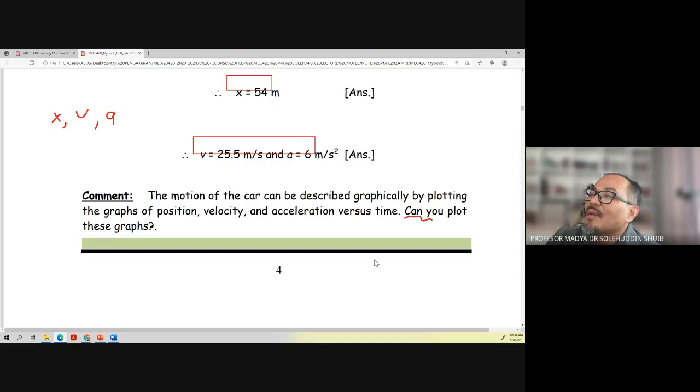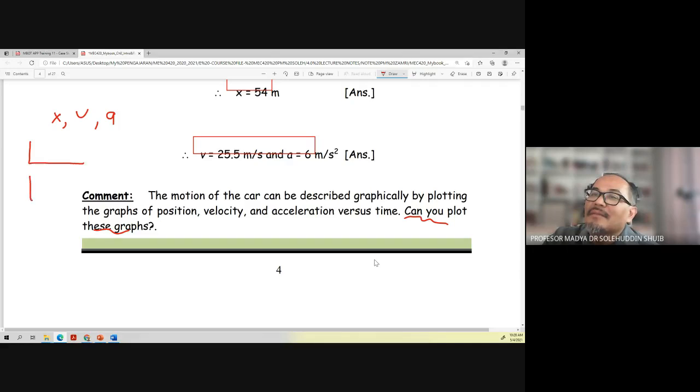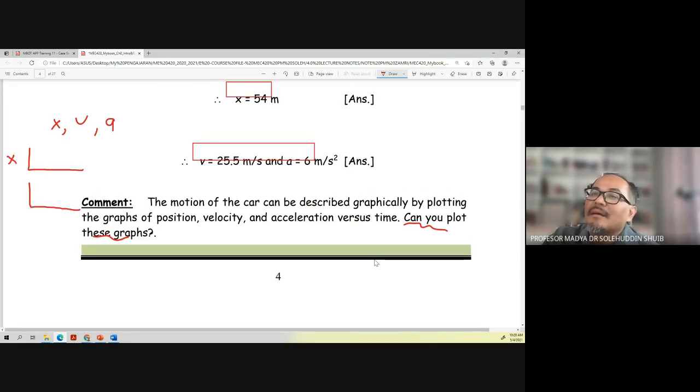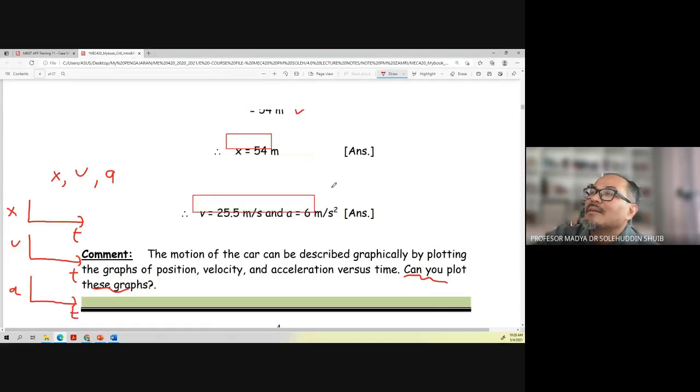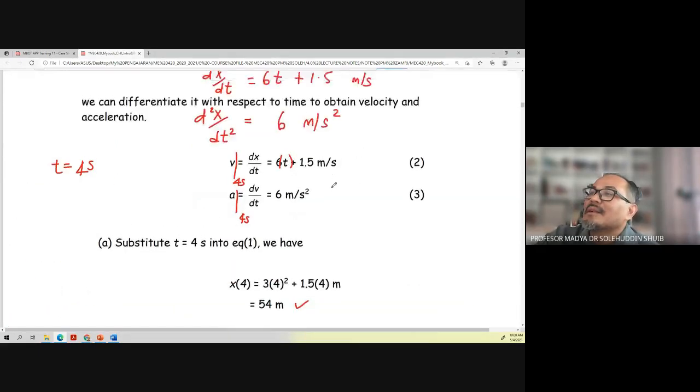Can we plot this graph? The graph of x, graph of velocity, and the graph of acceleration. All of that with time. Okay. So starting with this equation.